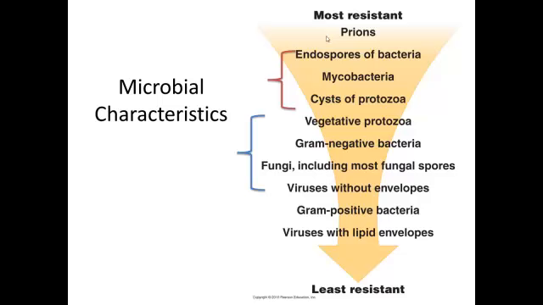So you have to go with your control methods that act against proteins. So we're talking about heat sterilization, radiation. Desiccation will work to a certain extent, but not as much as you would like. Mainly that's effective against your vegetative protozoa and your gram-negative bacteria. Not so much fungi.